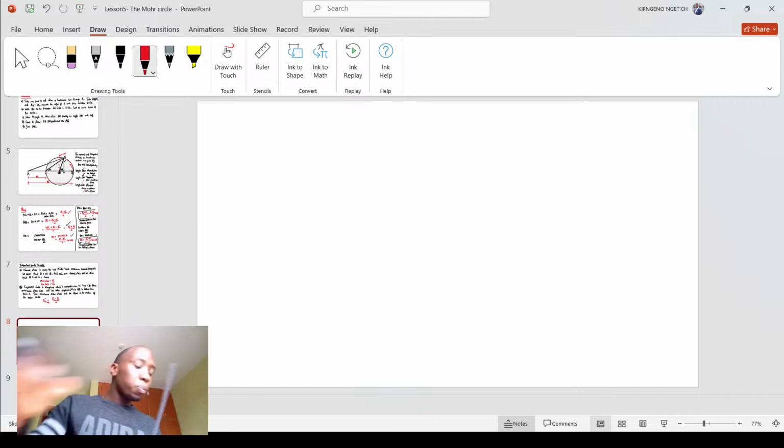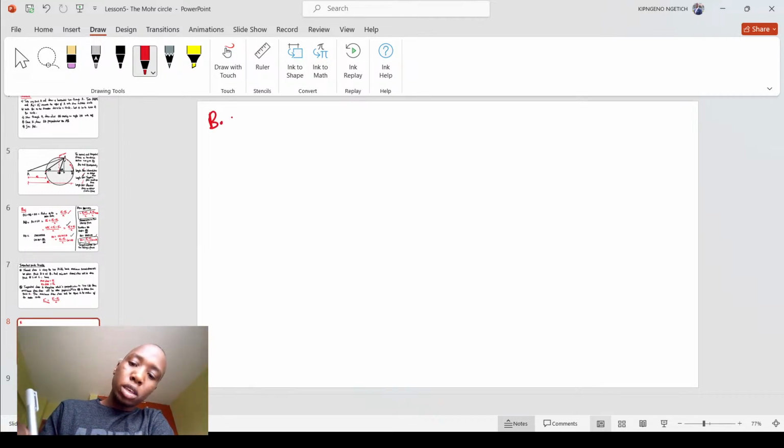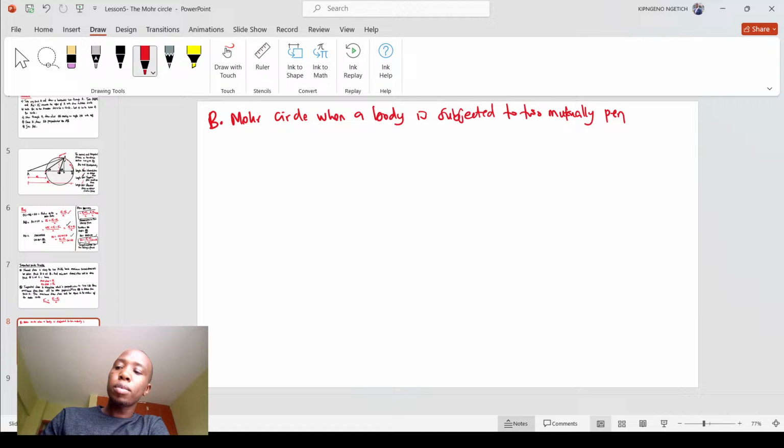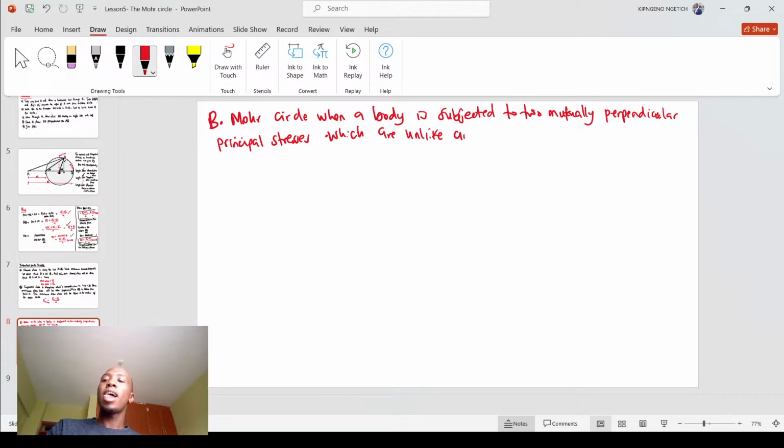We are now looking at Mohr circle B, when a body is subjected to two mutually perpendicular principal stresses which are unlike and unequal.